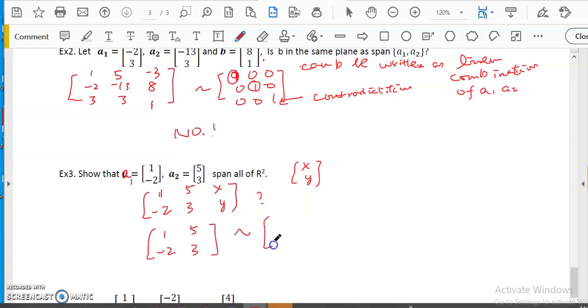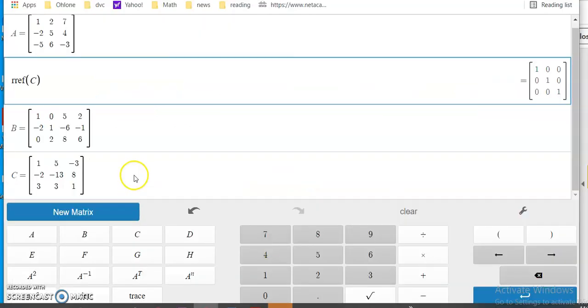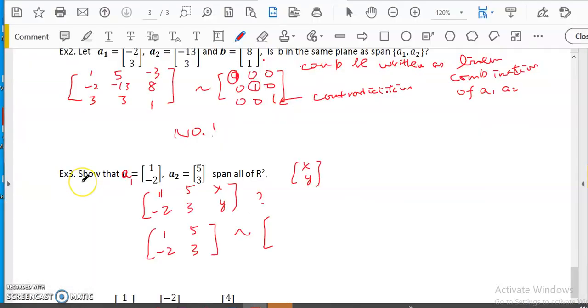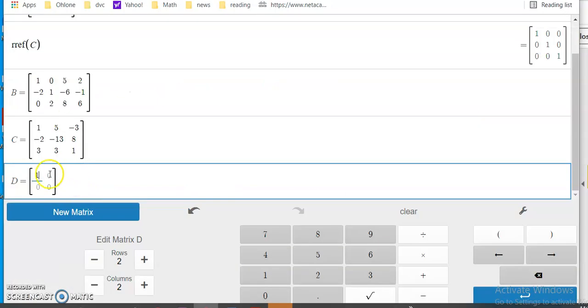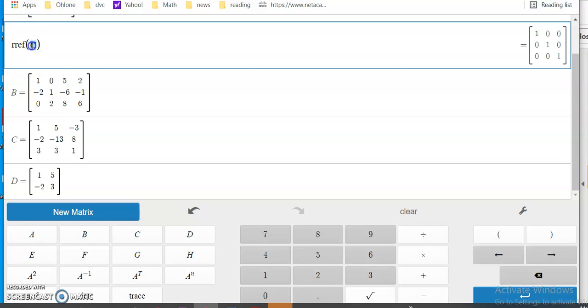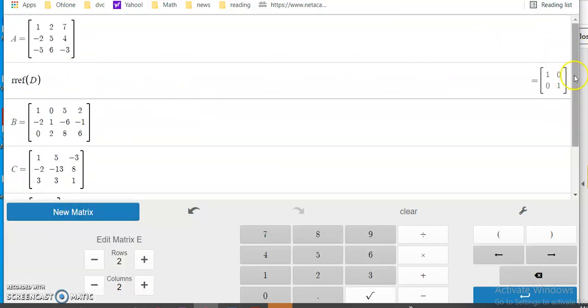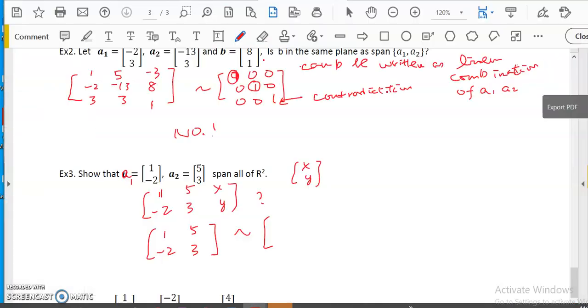And this one is actually what? 1, 5. Did I have it earlier? Okay, new matrix. 1, 5, -2, 3. Okay. So I do a D. It is 1, 0, 0, 1.